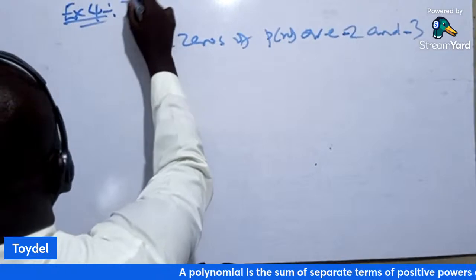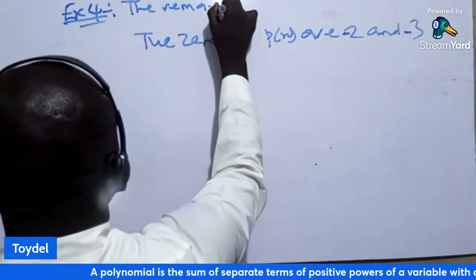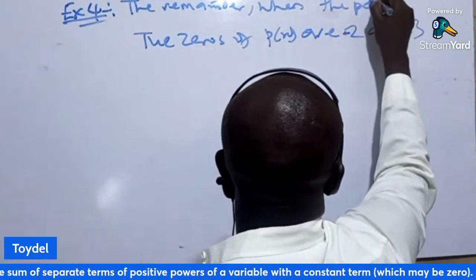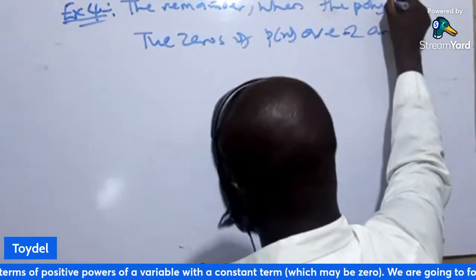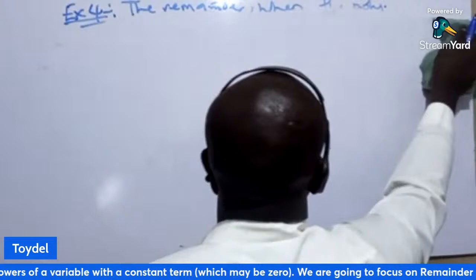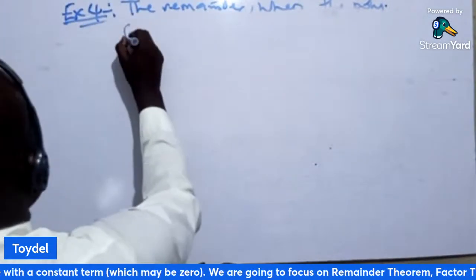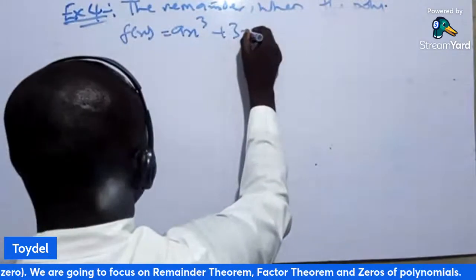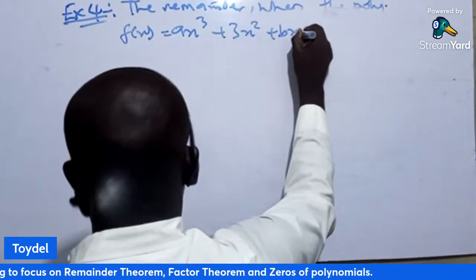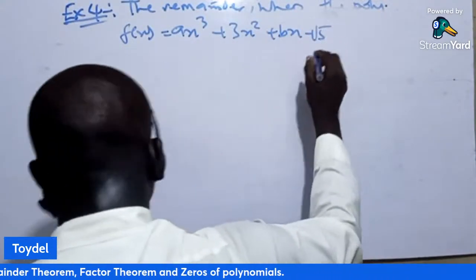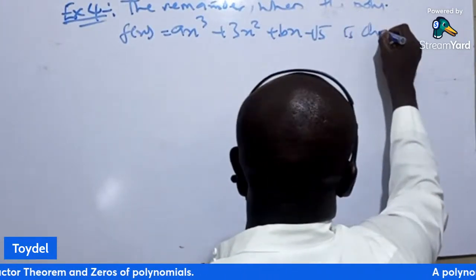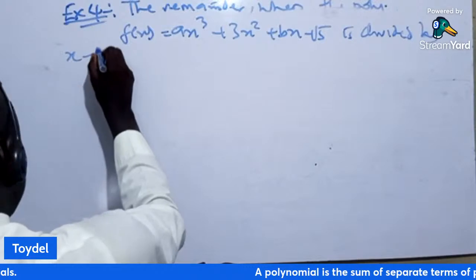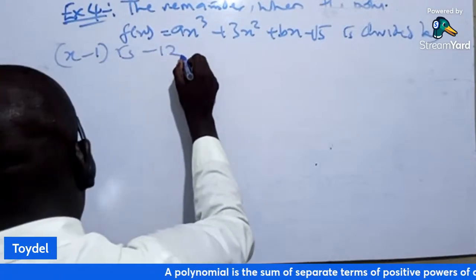We have that the remainder when the polynomial f of x is equal to ax cubed plus 3x squared plus bx plus 15, when the polynomial is divided by x minus 1 is minus 12.